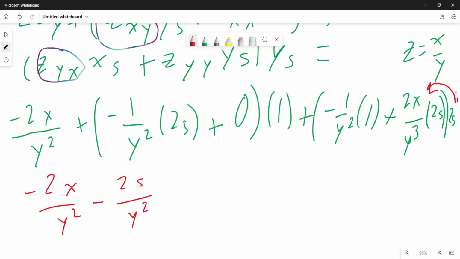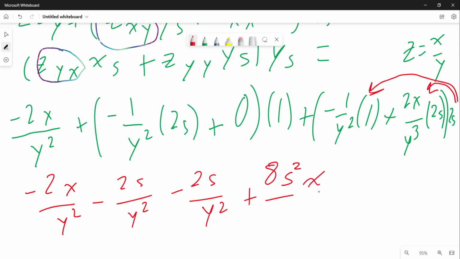Distribute this guy. Minus 2s over y squared plus, what would this be? 2x times 2s times another 2s would be 8s squared x over y to the third.